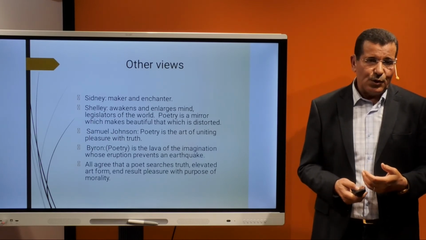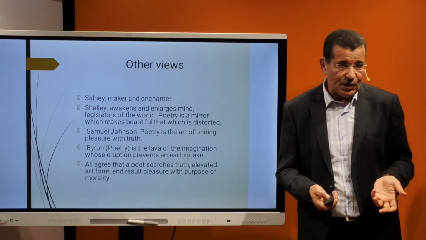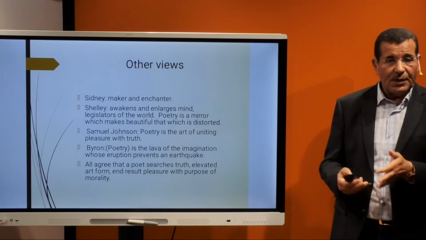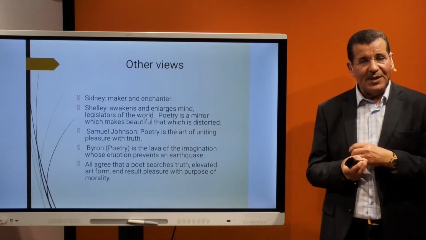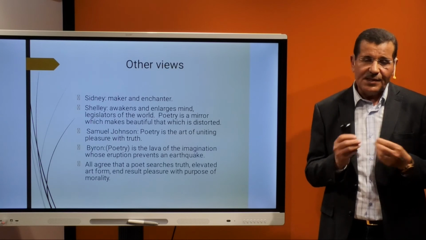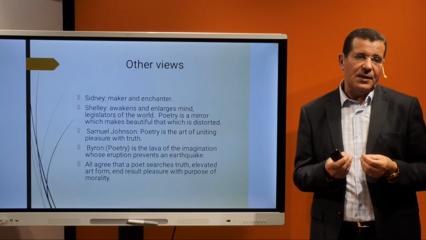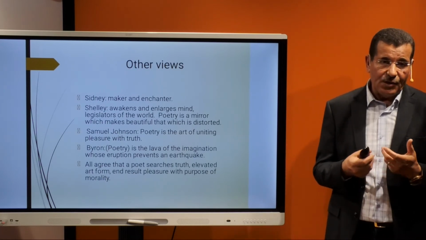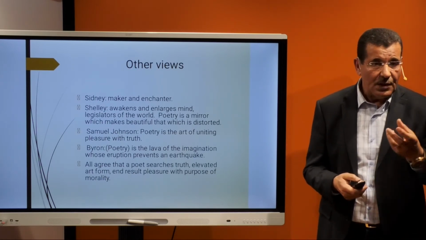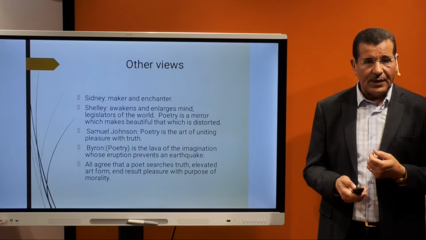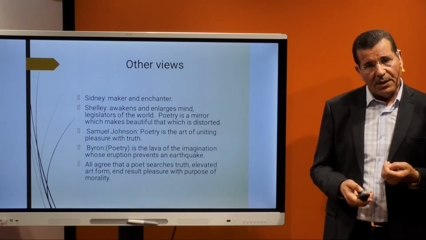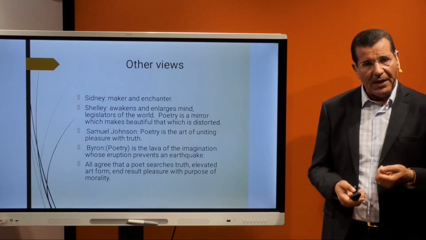After the Renaissance, we have Sidney in his defense of poetry against the Puritans, and we can say the argument between Sidney and the Puritans is similar to that of Aristotle and Plato. Sidney defends the poet as a maker, as an enchanter. So he gives the idea of a creator and also someone who enchants, bringing pleasure.